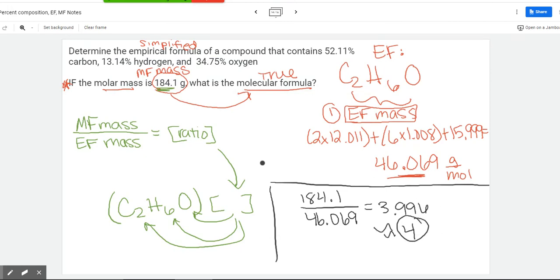So 4 is my number that's going to go in for the ratio. Okay. And so now this 4, I'm going to multiply by all of the subscripts that we have. So we end up having 4 times 2, so that would be C8, 4 times 6, H24, and 4 times 1, O4. That is your molecular formula.